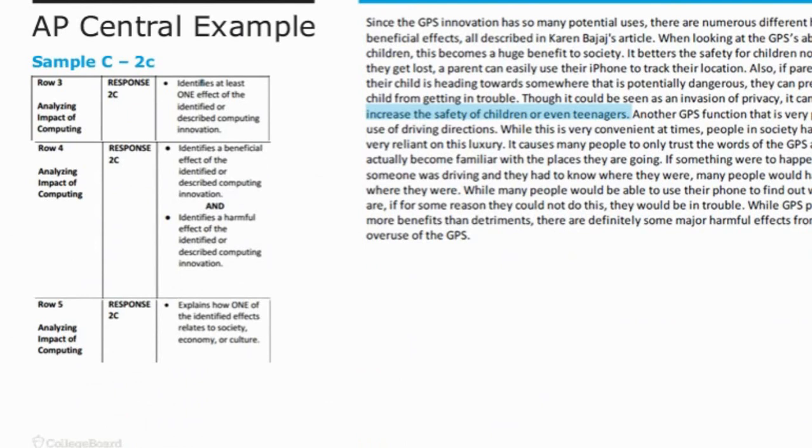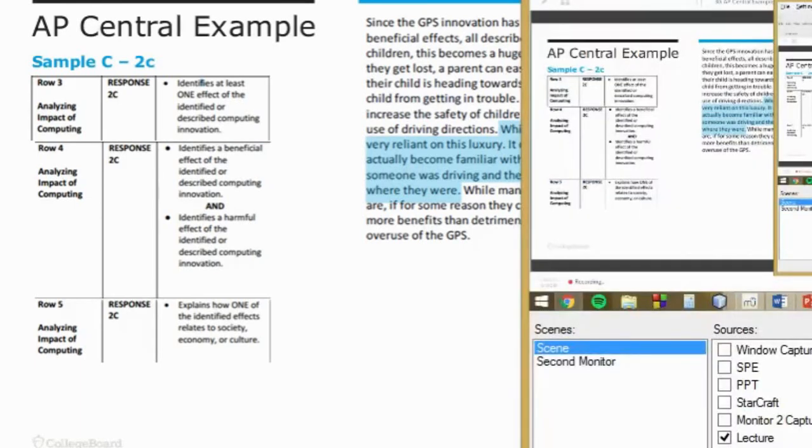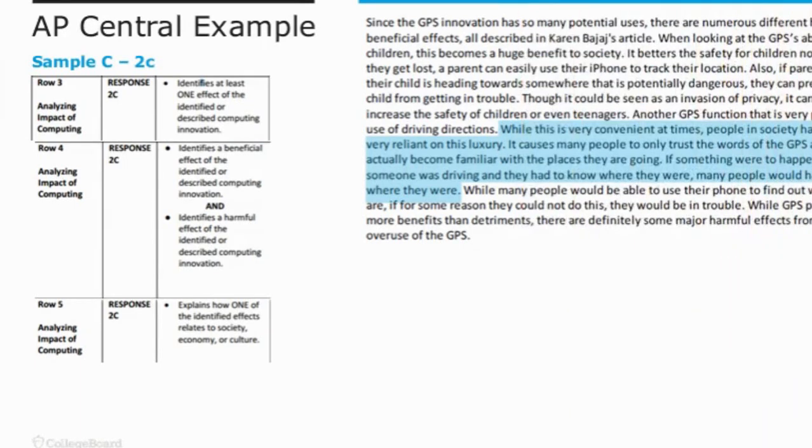It increases the safety of children, even teenagers, so that's an effect of GPS. So they would get row 3. That also happened to be their beneficial effect, and they talk about it being a benefit further up in the article, so they would get that first bullet in row 4.